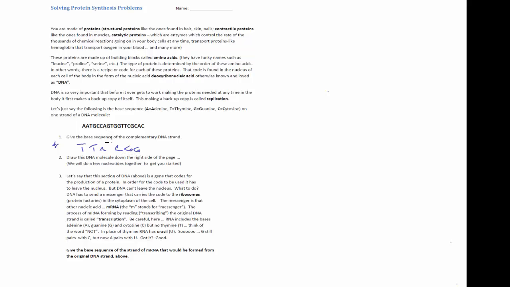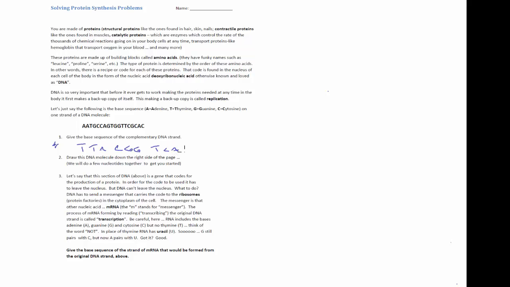and where you have the next three, sometimes it's easy to get mixed up here, so it's a good idea to go in threes. We've done AAT, GCC. The next three are AGT, which is going to be thymine for the A, and then we're going to have cytosine and adenine.